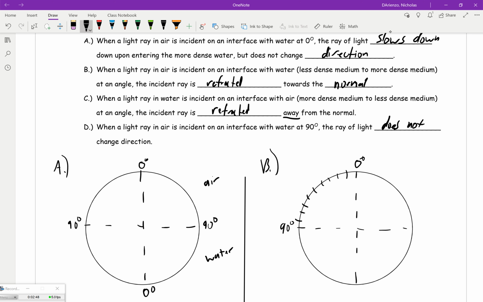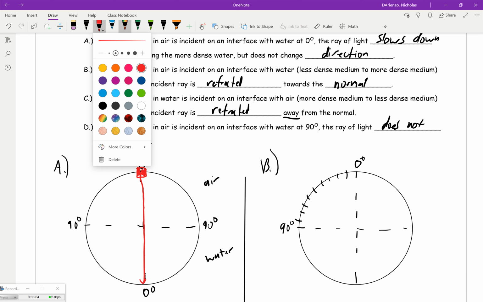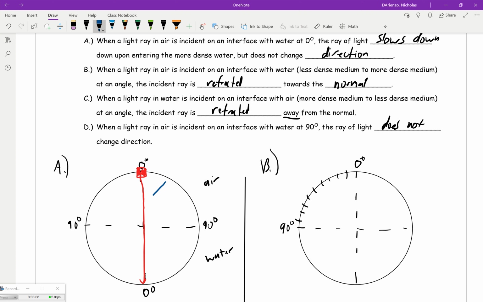So if we have a source of light at 0 degrees, and it's shining a ray straight through the two mediums from air to water, and we'll label this. So this is the incident ray originating from the source, and this one is the refracted ray, but it's a ray that's not refracted.